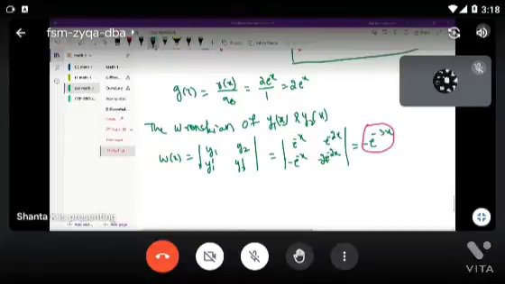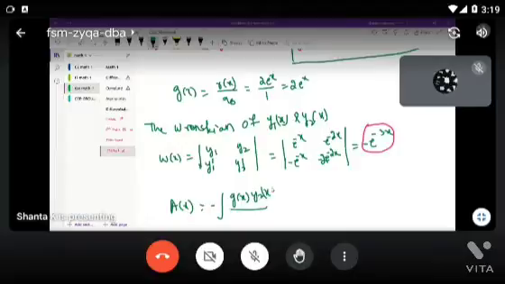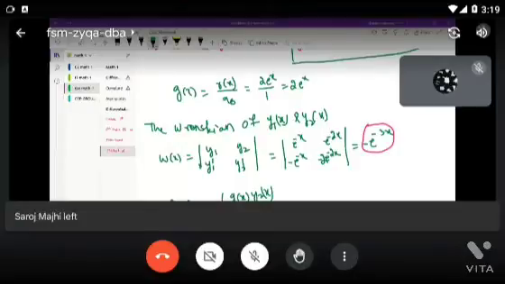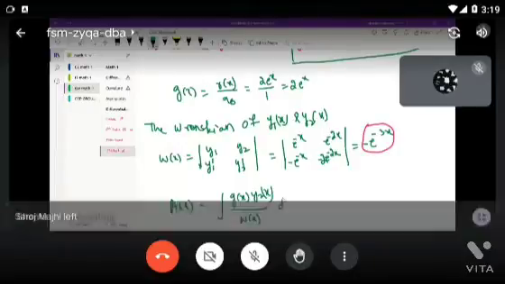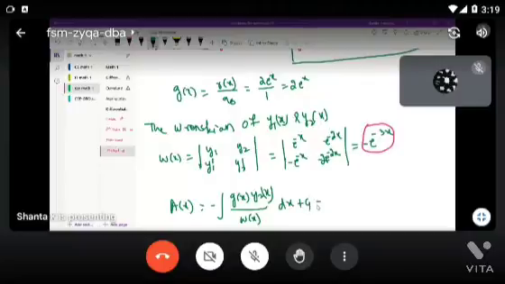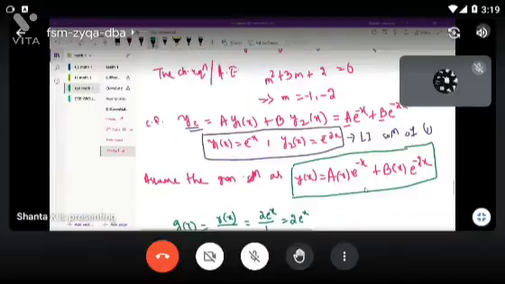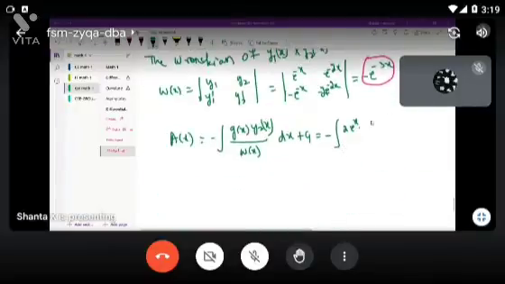Next. So A(x), we know what is A(x). So A(x) is minus integral of g of x y2(x) divided by Wronskian dx plus the constant. So g(x) is 2 e power x. Then we have y2(x). y2(x) is e power minus 2x.